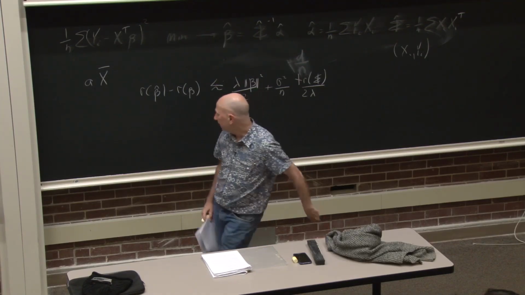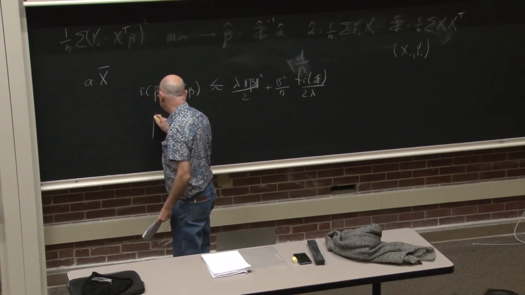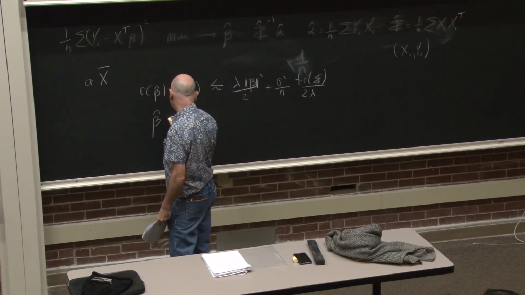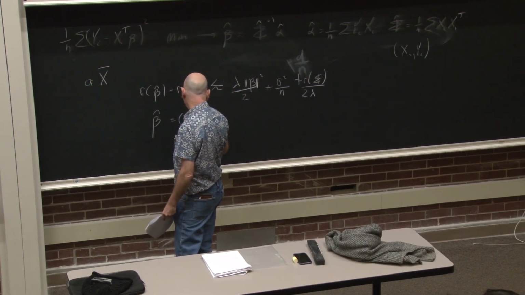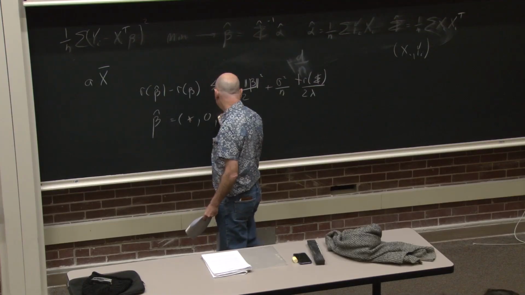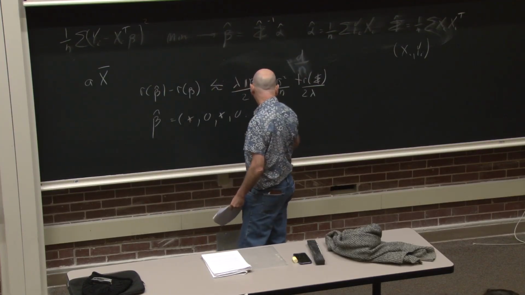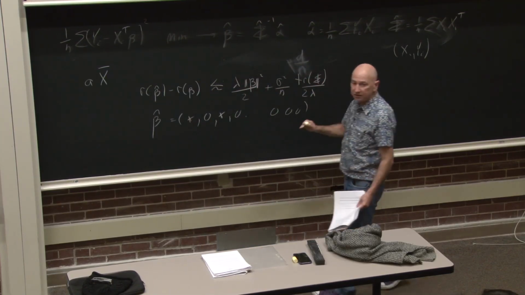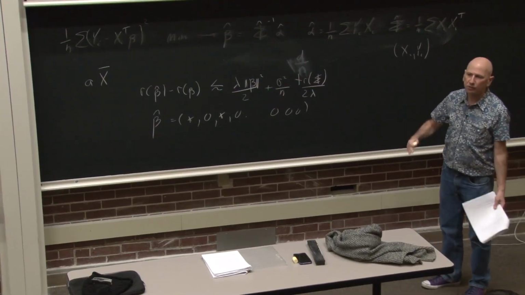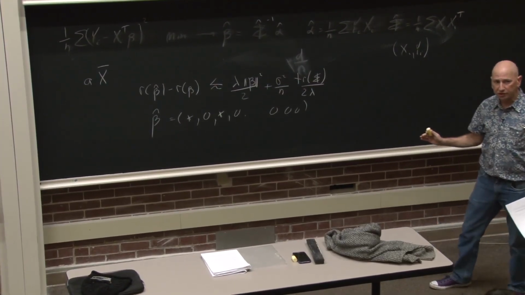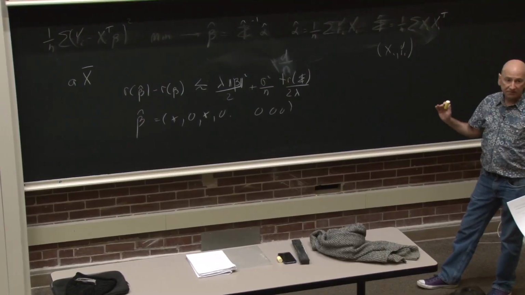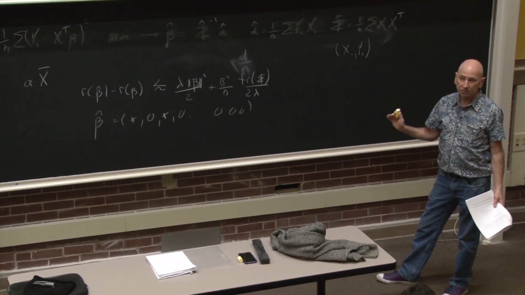It would be very convenient to have a beta hat which has many zeros. So it might look like some number here, then a 0, then some number here, then a 0, and so on. Lots and lots of zeros. So you can see that in terms of storage, in terms of what information I need to collect in the future, it would be very convenient to have a sparse predictor.